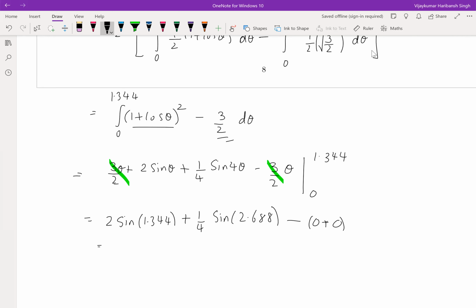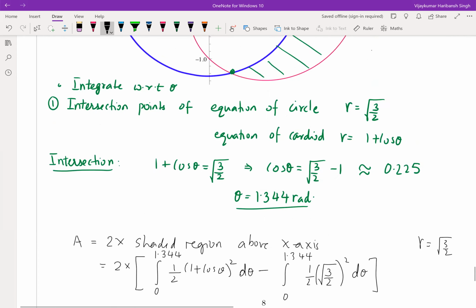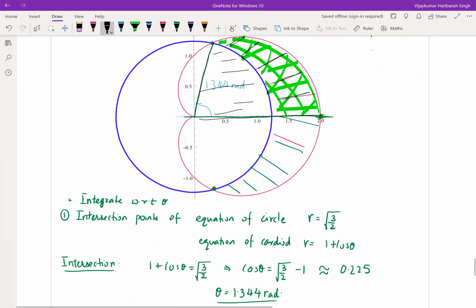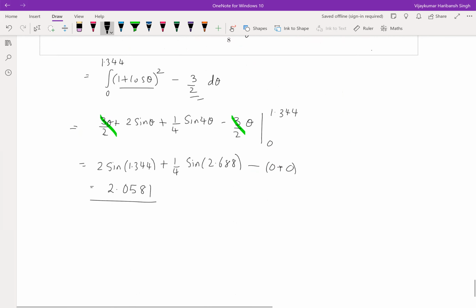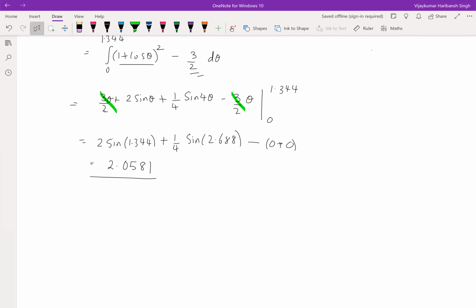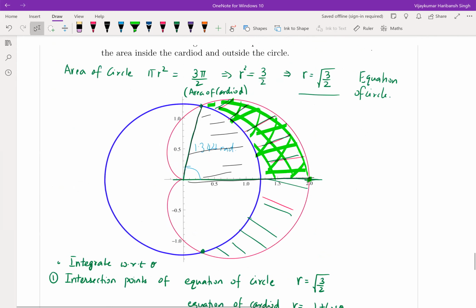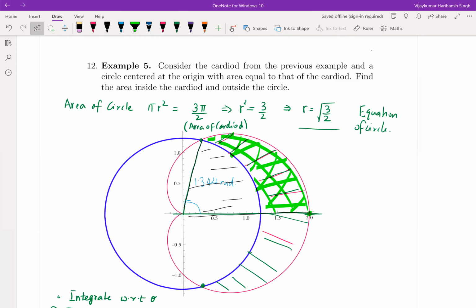And when you use a calculator, this is going to be 2.0581. So this is the area of the cardioid that's outside the circle.